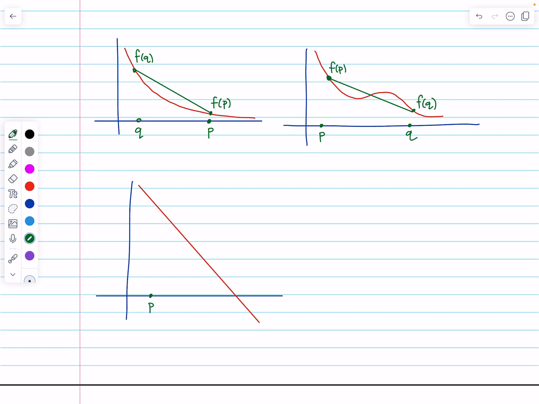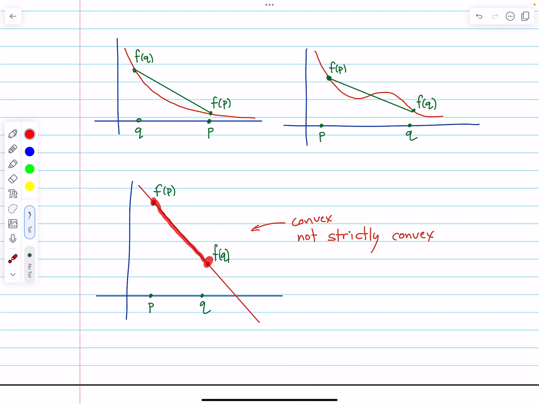For any choices of p and q, the straight line connecting f of p and f of q matches right up with the graph of the function, so the value of the function is equal to the value on the line. This situation is convex, but not strictly convex, because strict convexity precludes our curve from being linear like that.